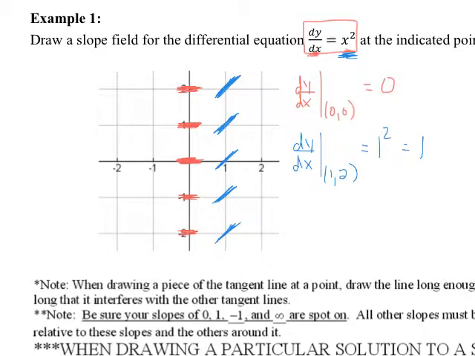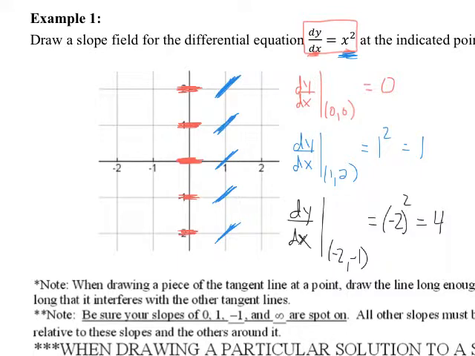And finally, we'll do it for one more point. If we go dy/dx, if we did it at the point (-2, -1), that means for all x, we'll plug -2 into it, and for all y, we're going to plug -1, and we get an answer of 4.